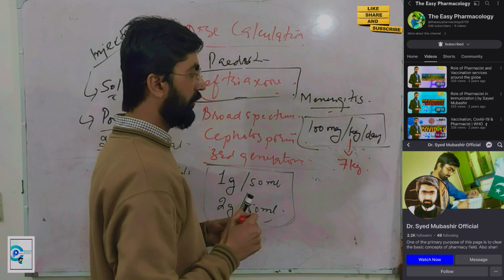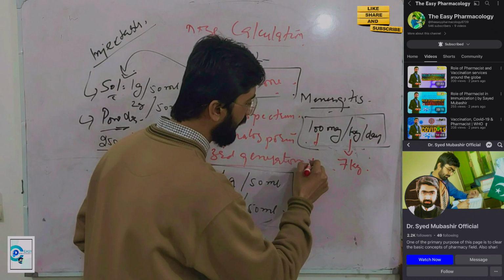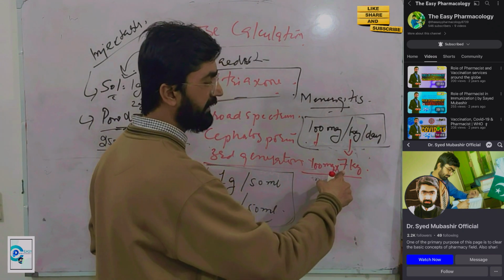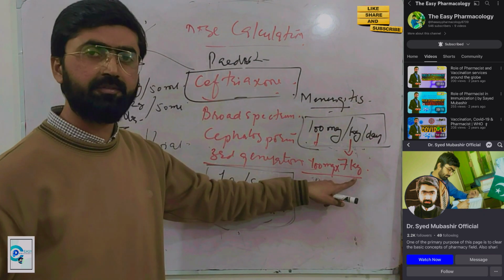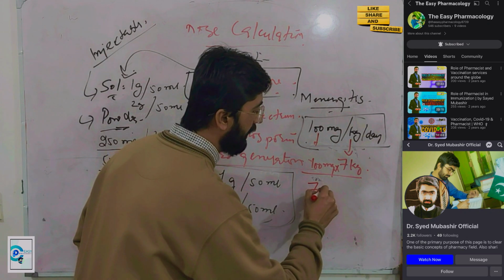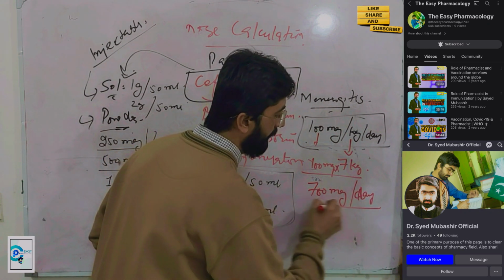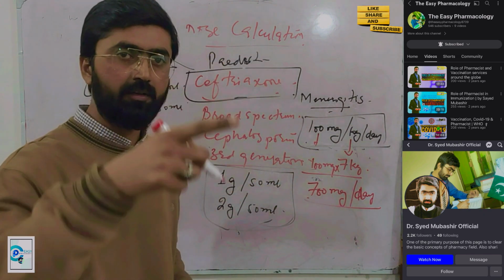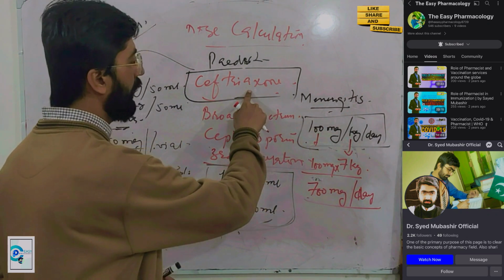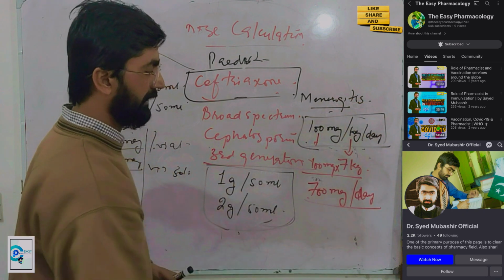So in this situation, this 100 milligram will be multiplied with the 7 kg weight of the patient. So obviously the total quantity will be 700 milligram per whole day. Means in 24 hours you can give 700 milligram of ceftriaxone to a child patient, in the situation of meningitis.